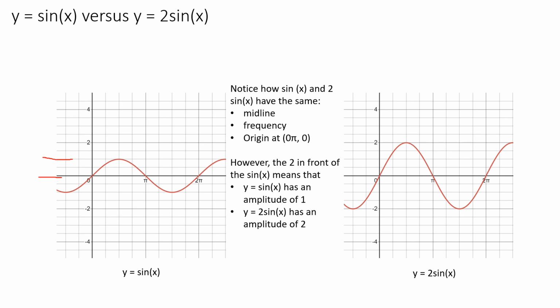Over here, where it's y equals 2 sine x, my amplitude is 2. And that is in front of the sine. So that talks about the amplitude, how tall it is. If you don't have anything in front of the sine, it's an amplitude of 1. If it's 2 sine x, 3 sine x, 2 cosine x, 5 sine x, that is the amplitude.